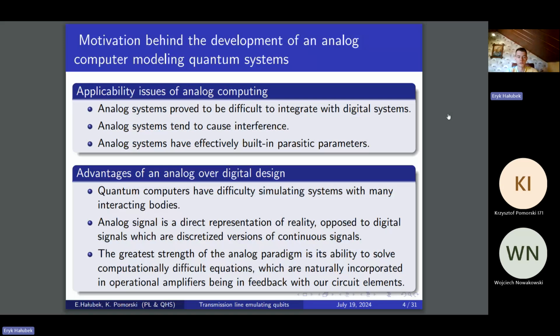However, there are also some applicability issues with this approach, because analog systems are currently quite difficult to integrate with digital systems, tend to cause interference, and have many parameters that we wouldn't like them to have, like parasitic resistance and inductance.